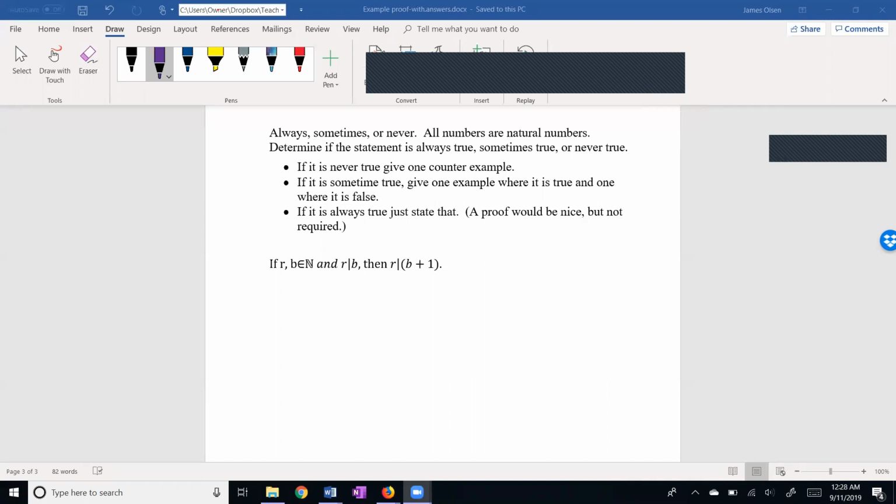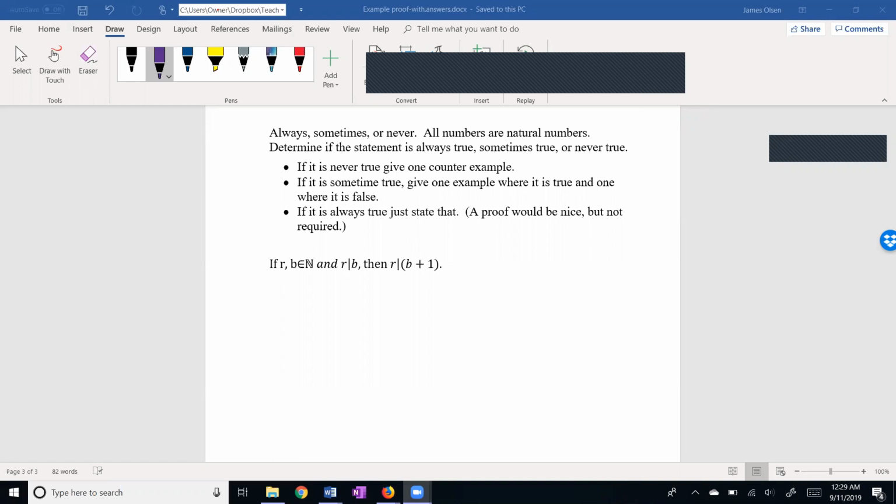And here are the directions in this particular case for the way I'm executing it here in Math 407. Determine if it's always, sometimes, or never true. If it is never true, I'm going to have you give me one counterexample. It might be nice to prove why it's never true, but one counterexample is going to be sufficient.